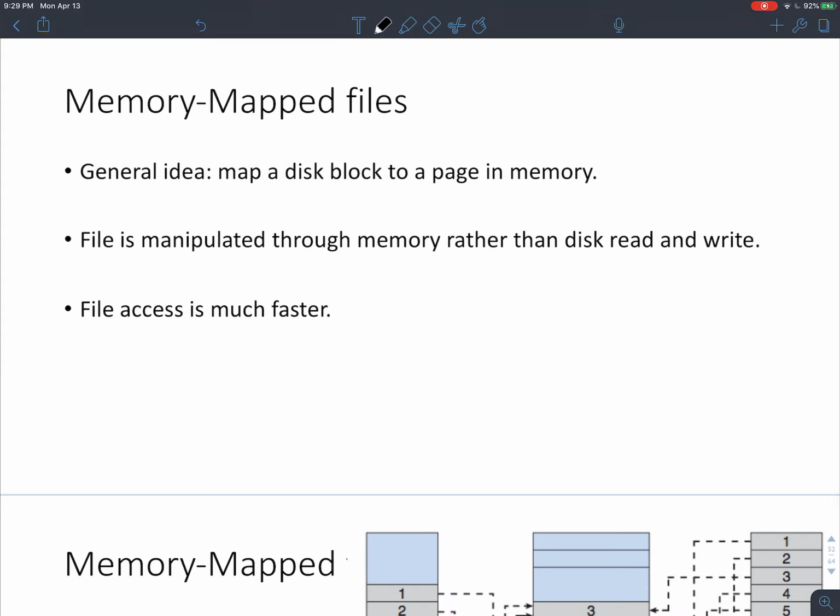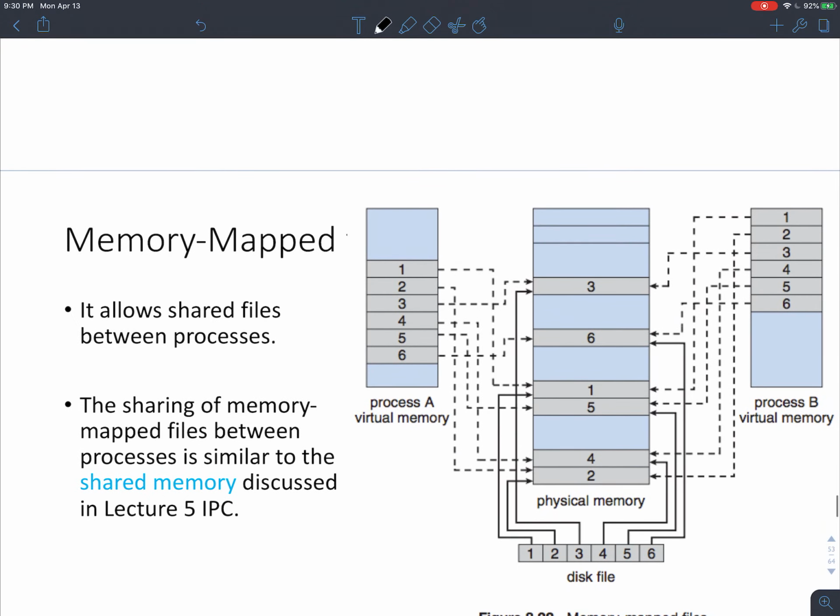Basically, memory mapping gives you the flexibility of mapping a disk block to a page in the memory, so that if you want to revise the file, you just need to revise the page in the memory. And this is very efficient for file access.